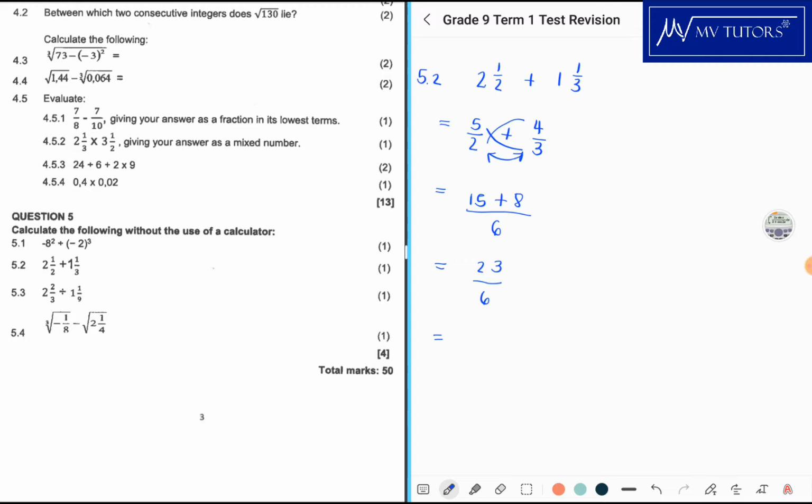So 6 times 3 is 18, right? And then what is 23 minus 18? That should give you 5. So when we finalize it, it's going to be 3, and then the remainder, 5. So 5 over 6. Okay.